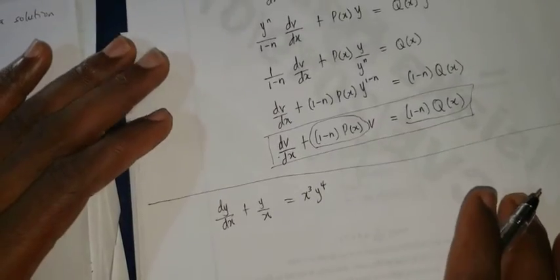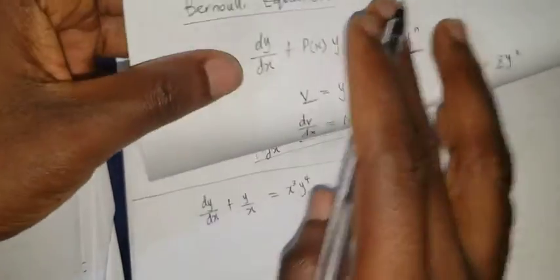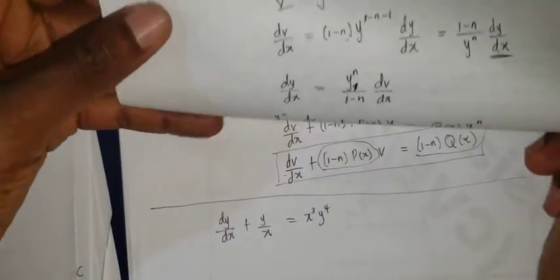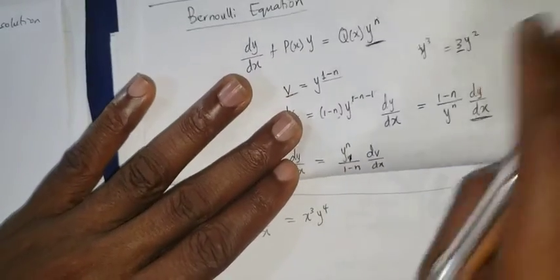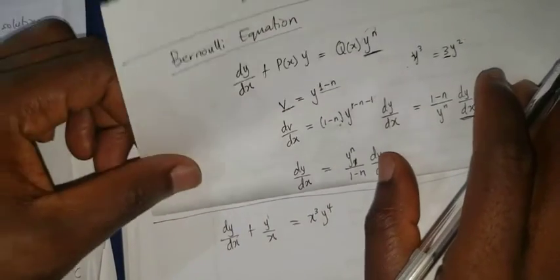So how does this work? We're going to firstly notice that this is the same as our form of the Bernoulli equation. So you first identify that this is a Bernoulli equation. It is non-linear, but it is the Bernoulli equation.